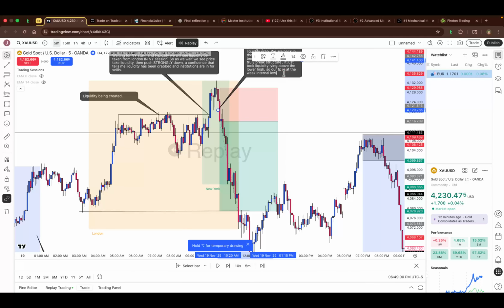Stop loss, if we kind of just placing it above strong candlesticks.